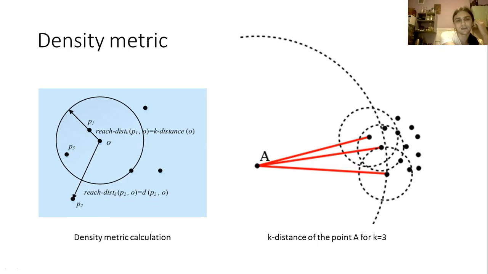K-distance and reach distance are very important notations in this theory.